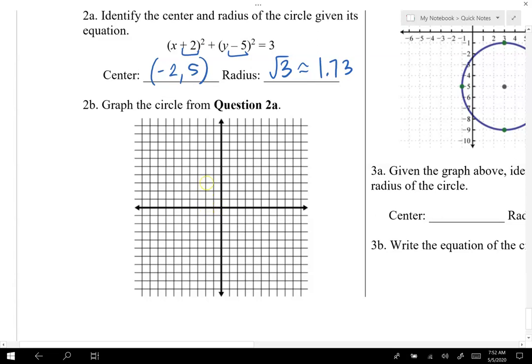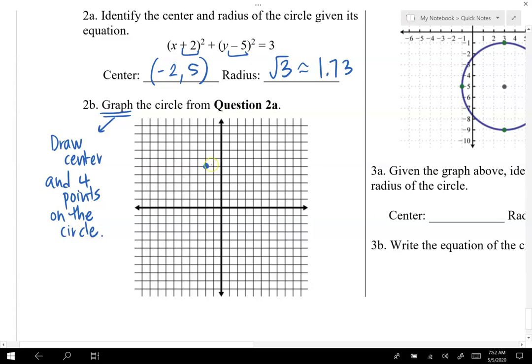So (−2, 5). I actually want you to draw the center when you graph. Okay? Draw the center, and four points on the circle. So if you want full credit for a question like this in your homework, you've got to do that. So there's a center.